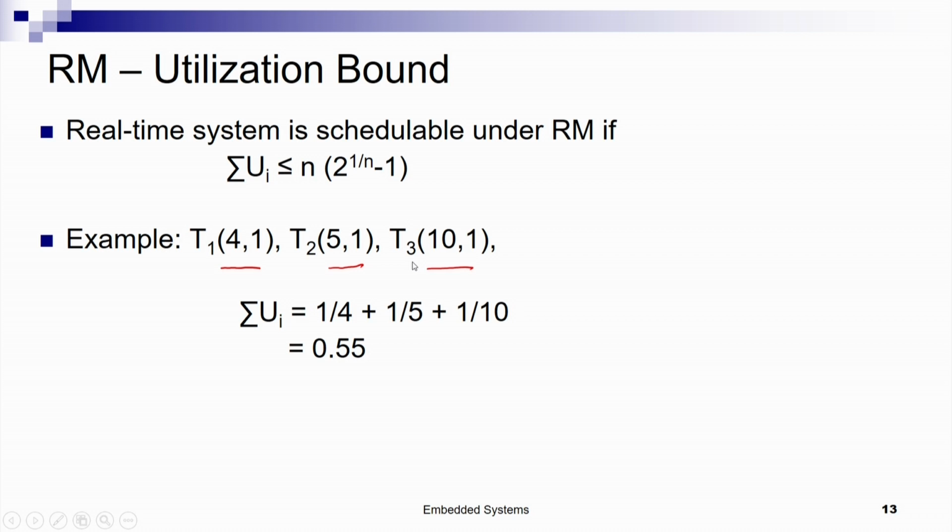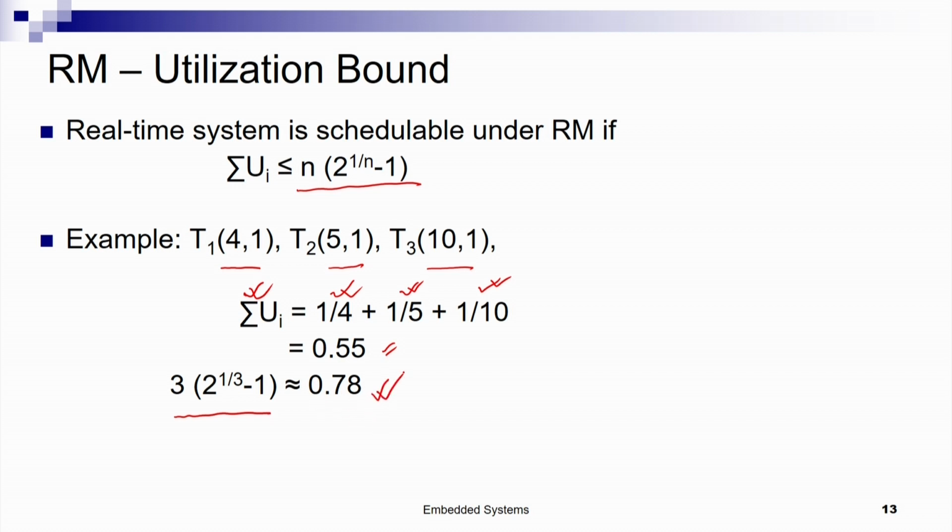For these 3 tasks, we have summation of utilization is what? 1 by 4 plus 1 by 5 plus 1 by 10, which is equal to 0.55. Now, if we calculate n into 2 to the power 1 by n minus 1, when we have 3 tasks, this becomes 3 into 2 to the power 1 by 3 minus 1, which is equal to 0.78. Okay.